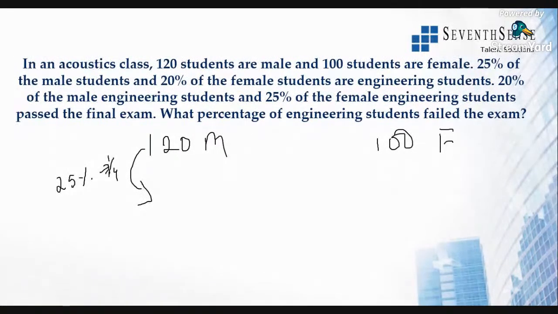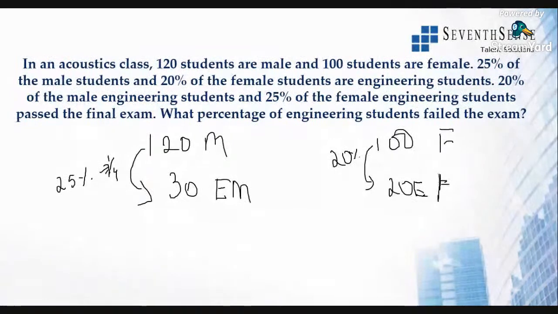Don't find 10% and 5% and then add it. So 1/4 of 120 is 30 male engineering students. Similarly, 20% of 100, you all know it is 20 female engineering students.